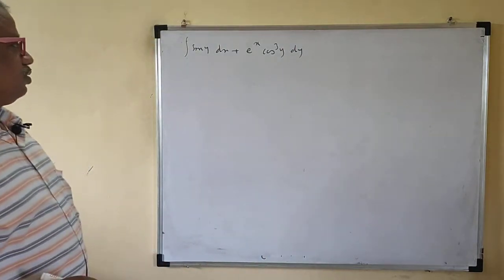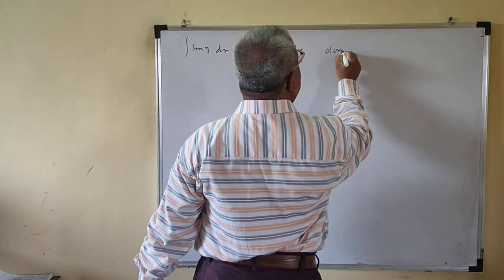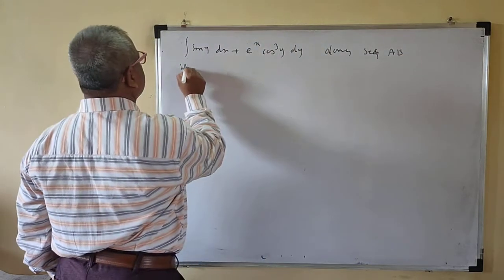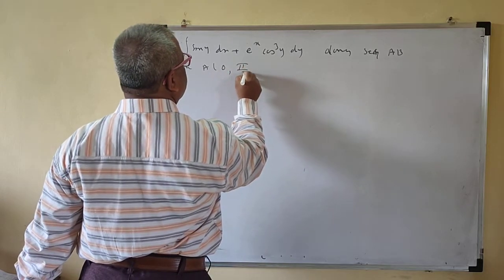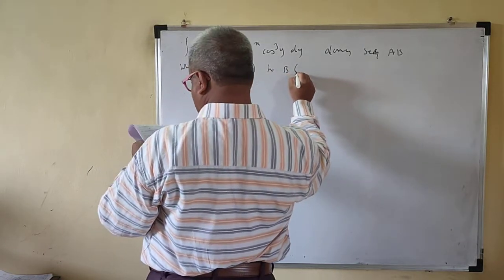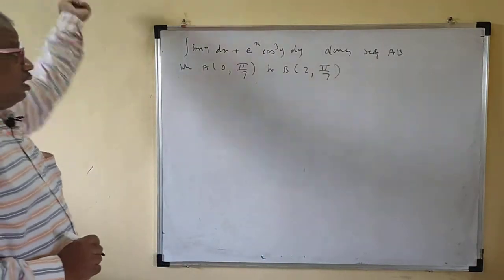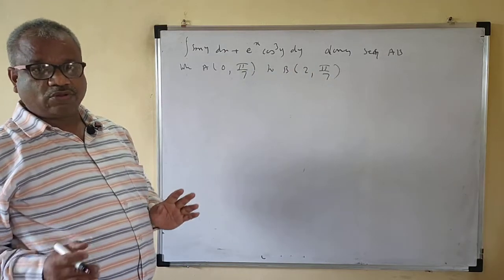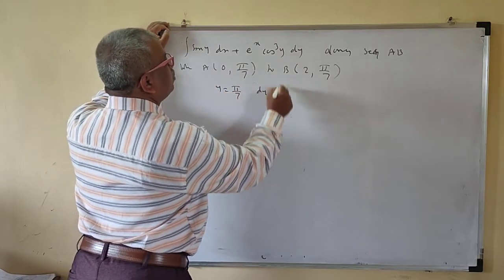Suppose you have to evaluate this along the segment AB, where A is (0, pi by 7) and B is (2, pi by 7). Now see here, pi by 7 to pi by 7 is constant. That means your y is pi by 7, so your dy is 0. So this part is 0.